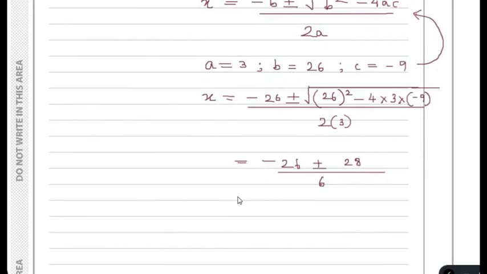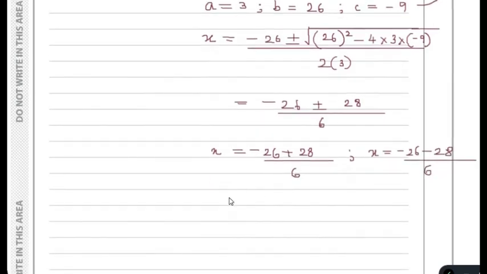So we have two values of x here. One is negative 26 plus 28 over 6, and another value of x is negative 26 minus 28 over 6. So here we get 2 over 6, which is nothing but 1 over 3, and another one is x equal to negative 54 over 6, which is x equal to negative 9.